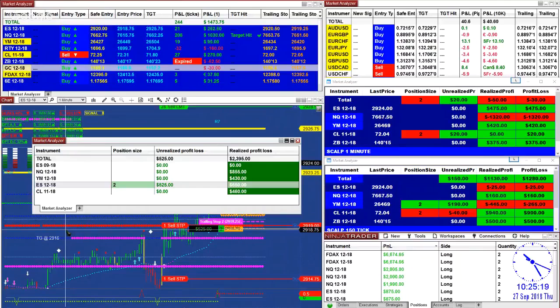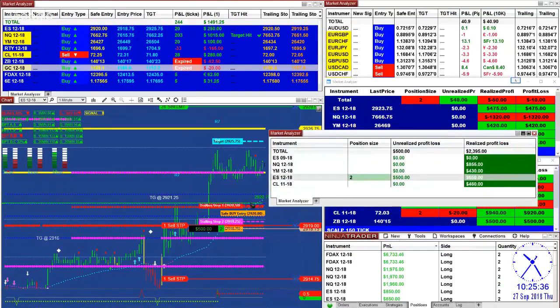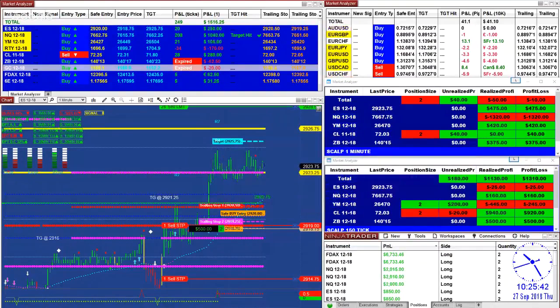So those are the first round in the morning, and we're still on that trade on the ES. This is the ES trade. Here it says 500, and here it says 500. So this is the first round.